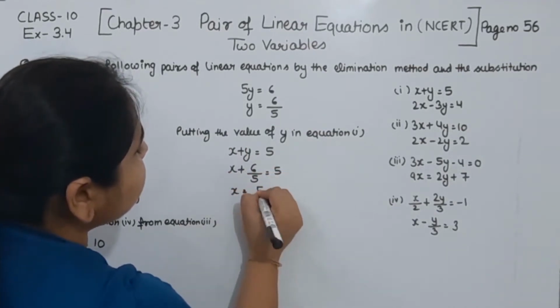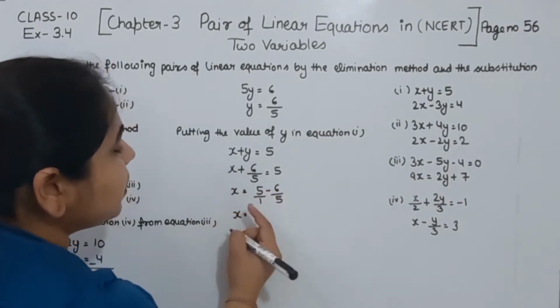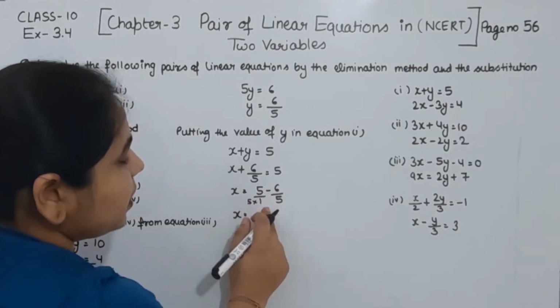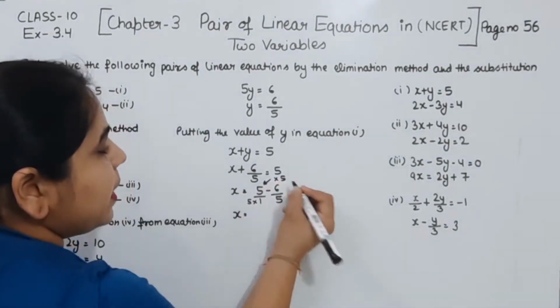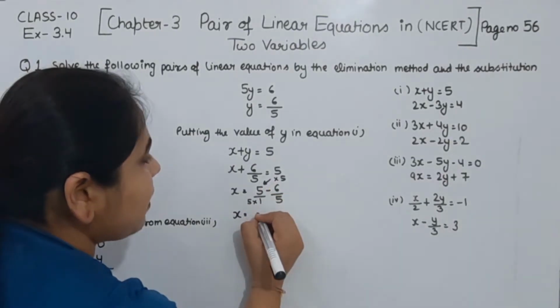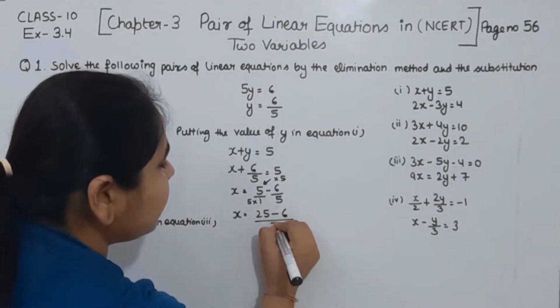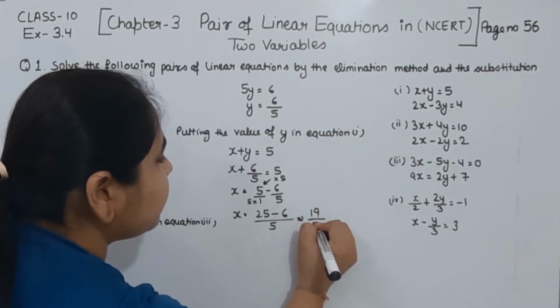X is equal to 5 minus 6 by 5. Now we have to subtract this. For that, the denominator should be the same. For that we have to multiply 1 by 5 to make this 5. If we multiply in the denominator, we have to multiply in the numerator also. So we have 5 fives are 25 minus 6, over 5. This is equal to 19 by 5.